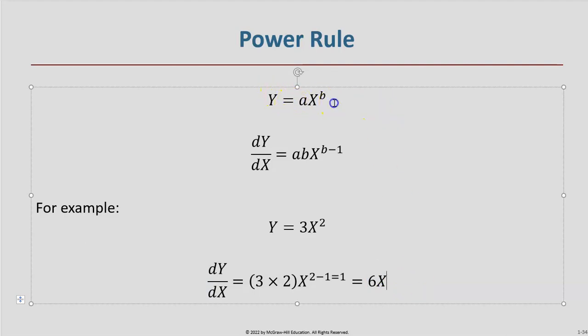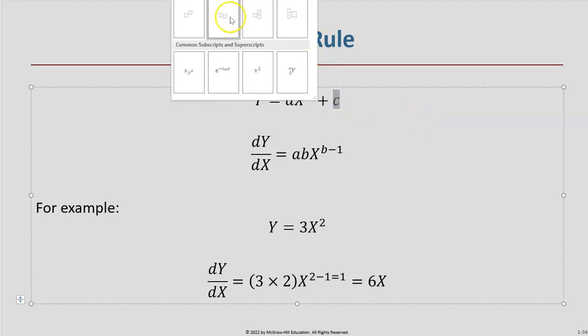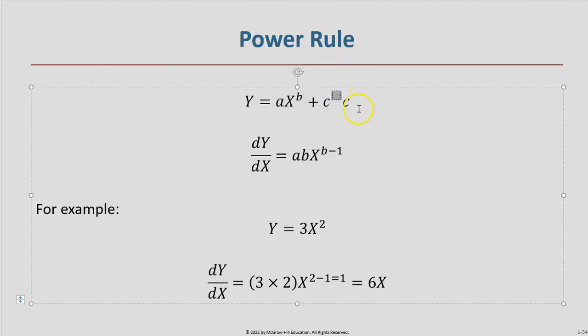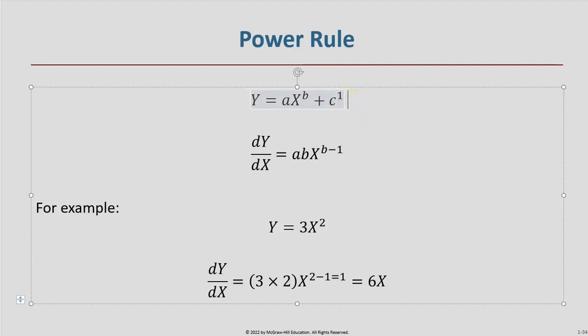The power rule can also be applied with a constant, since a constant is raised to the power of 1. Then the power rule just walks along when you have a plus or a minus, and you can take the derivative like you would.